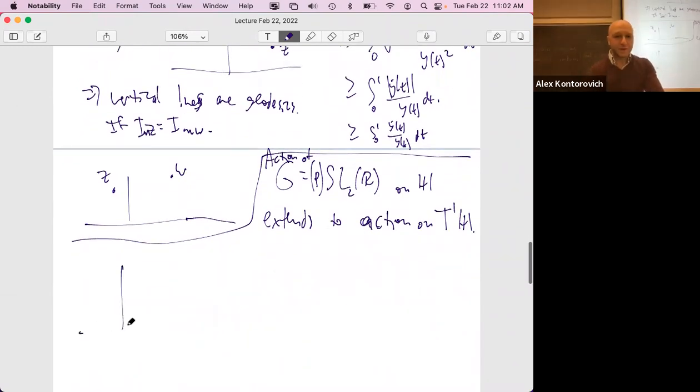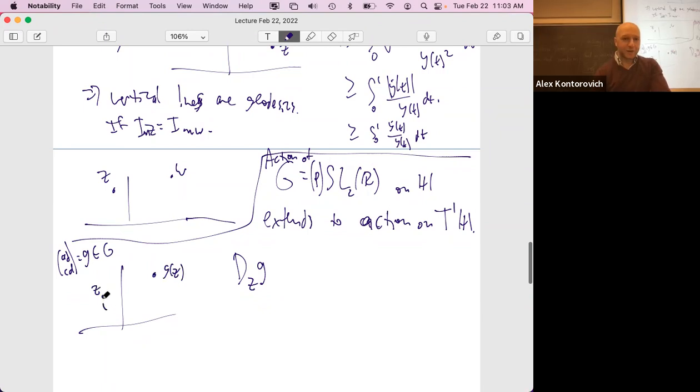How? So if I have a point Z, I want to know the differentiation at Z of G. G is some ABCD in the group. I have Z and I move Z to some G of Z.